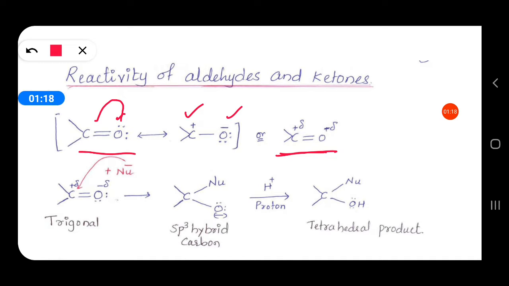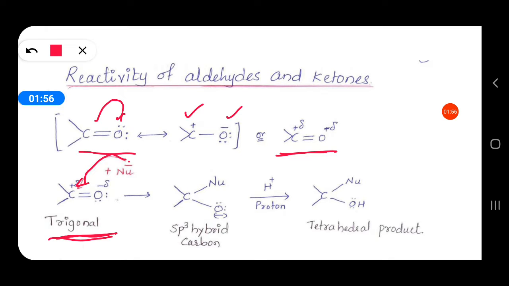When a nucleophile approaches this carbonyl group, initially the carbonyl group is trigonal in shape due to sp2 hybridization. When a nucleophile approaches, it attacks the electron deficient carbon, and a new carbon-nucleophile bond is formed and oxygen gets a negative charge.